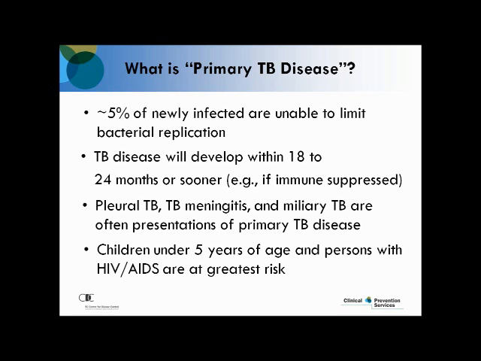Some conditions can increase the risk of developing TB disease. This typically occurs when the immune system is suppressed, for example, when a client has diabetes or HIV. Some common presentations of primary TB disease include pleural TB, TB meningitis, and miliary TB.